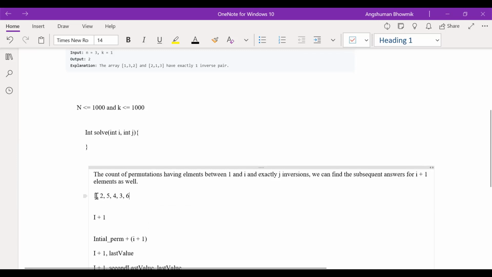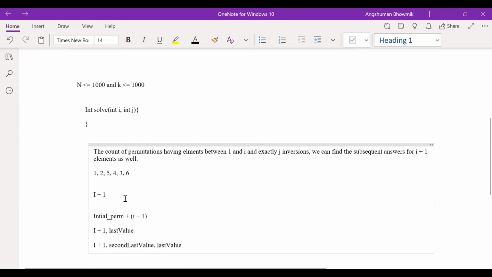So if you observe carefully, you won't find any I comma j such that j is 6 and I is something else, and the value at index I is greater than the value at index j. That's trivial because the last index holds the greatest element and it will not contribute to any inversions. So our answer will be the same as the previous solve that we got for I and j.